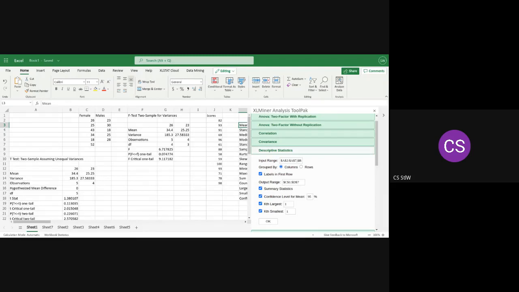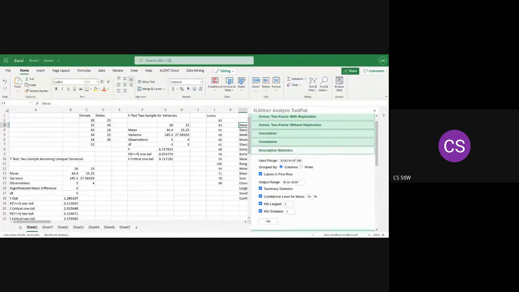So I want us to move on to the F-test. The F-test is used to test the null hypothesis that the variances of two populations are equal. So the null hypothesis of the F-test assumes that variances are equal.